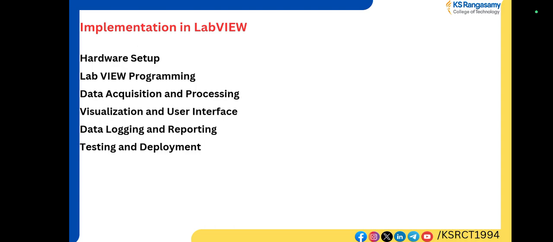What are all the things that we need to do before interfacing with LabVIEW? First, we have to connect the hardware with a LabVIEW-installed computer. Then we have to create an application where the real-time data can be collected, processed, and stored in the PC.